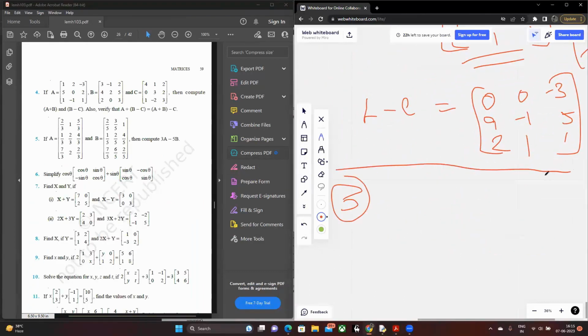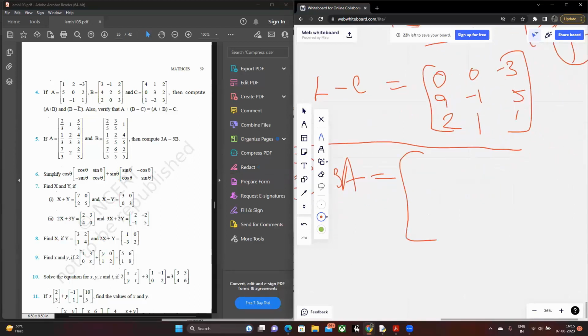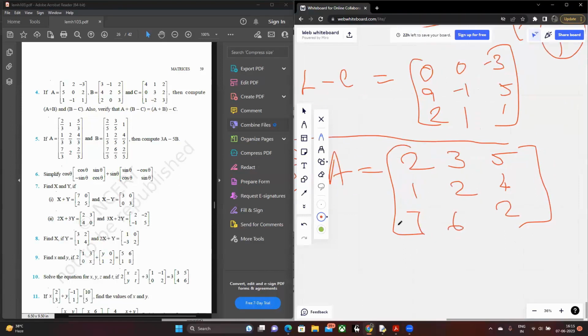Question number 5. If this and this, then compute 3 times A minus 5 times B. Alright. So 3A is going to be this matrix, that is 2, 3, 5, then 1, 2, and 4, then 7, 6, and 2.